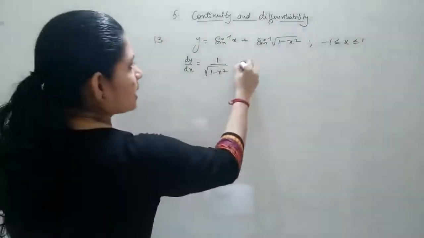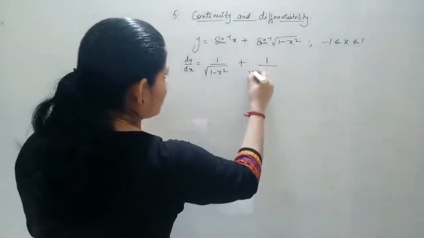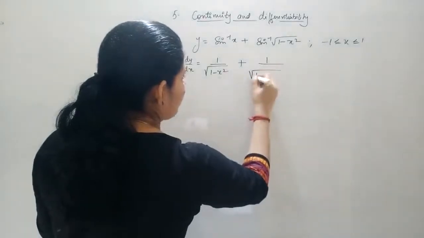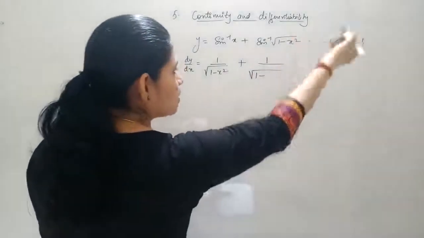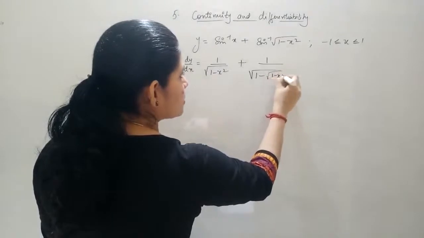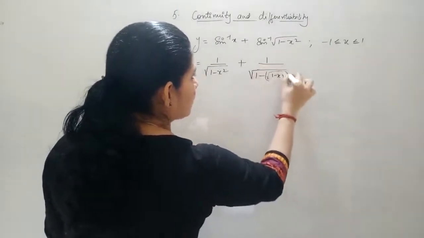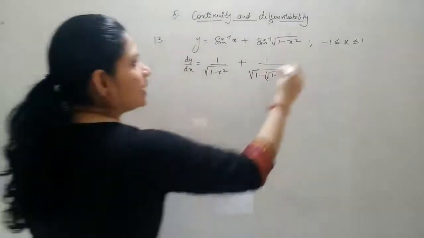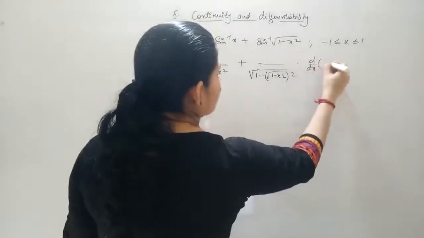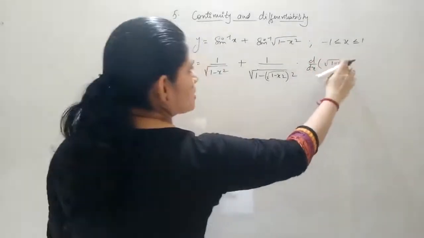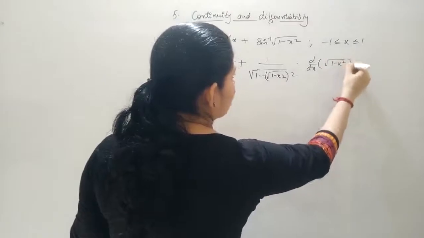So here what you will get? 1 by root of 1 minus the angle whole square. Angle is root of 1 minus x square here, that the whole square. Okay. Into derivative of root of 1 minus x square, because it is not x, you have to write the derivative of that also.